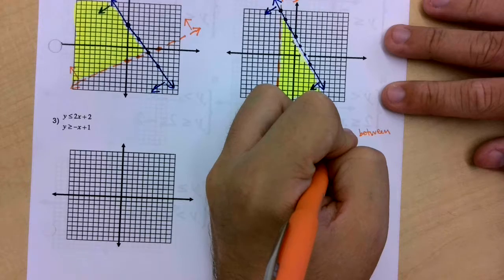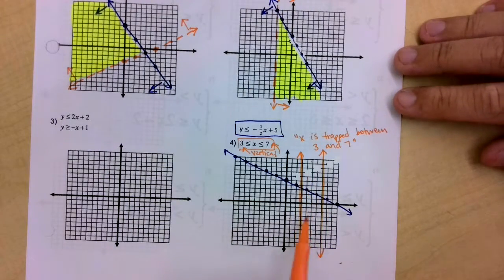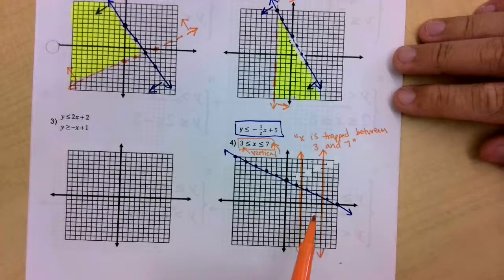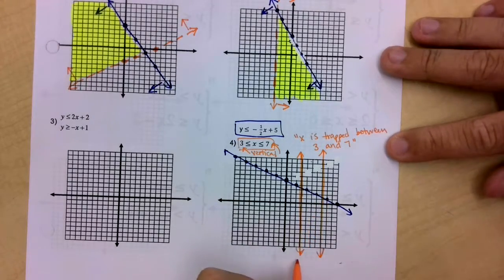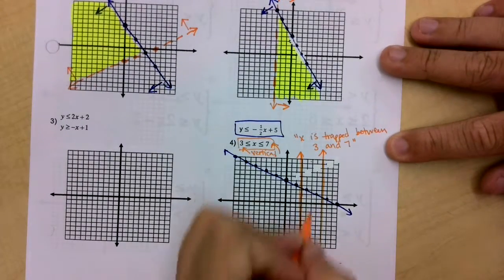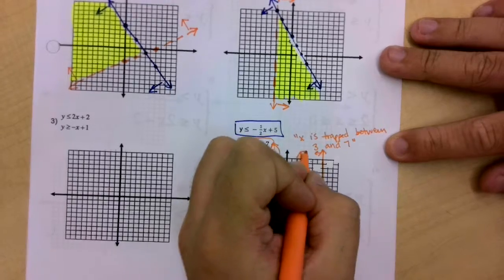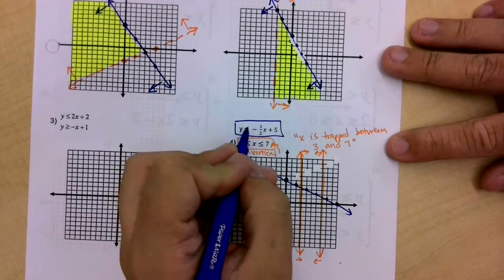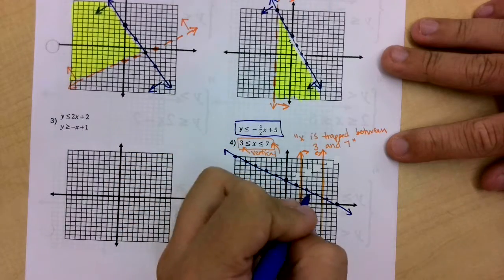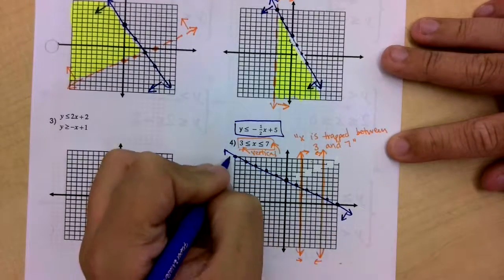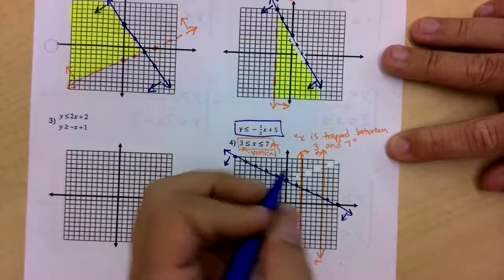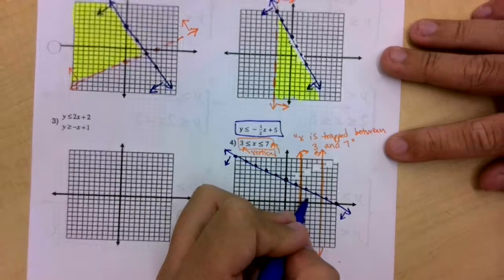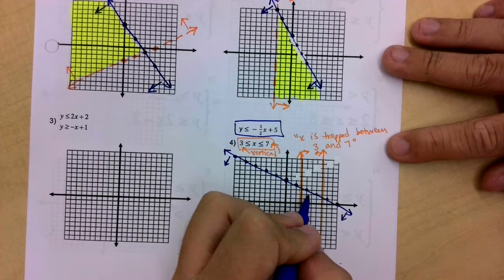So I'm stuck between these two lines, and then I have to decide if I'm going to be stuck in the middle. I'm stuck in between these lines, and I look at the blue, less than or equal to, less than, below. I want to be below the line. I want to be under this line, but between these.